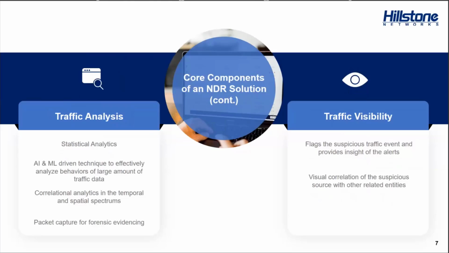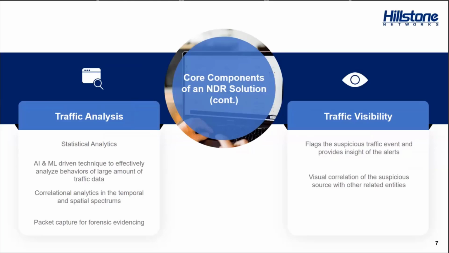The next pillar or building block of the NDR solution is traffic analysis. There are many traffic analysis techniques that can be used. Traditional statistics-based traffic analysis is also valid and very useful in many cases. Additionally, behavior-based analysis is also critical, usually using machine learning or other artificial intelligence technologies.